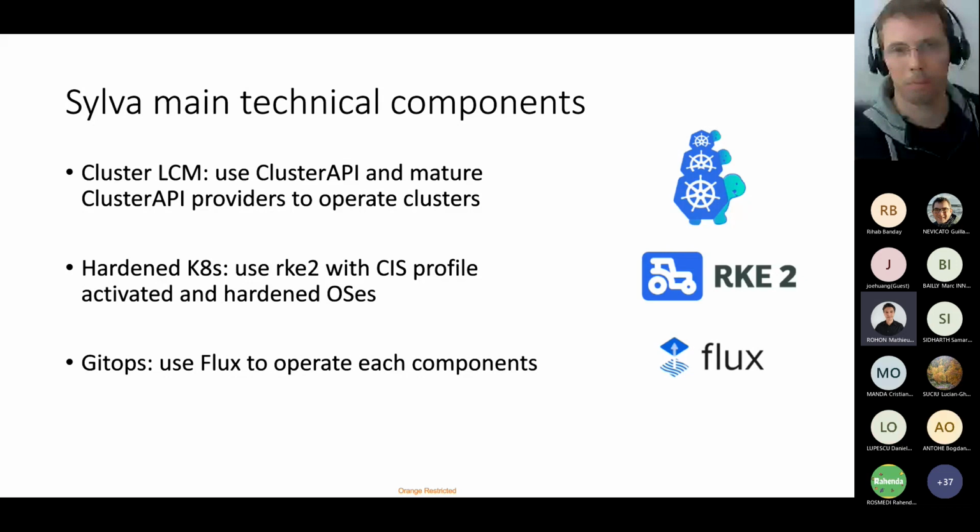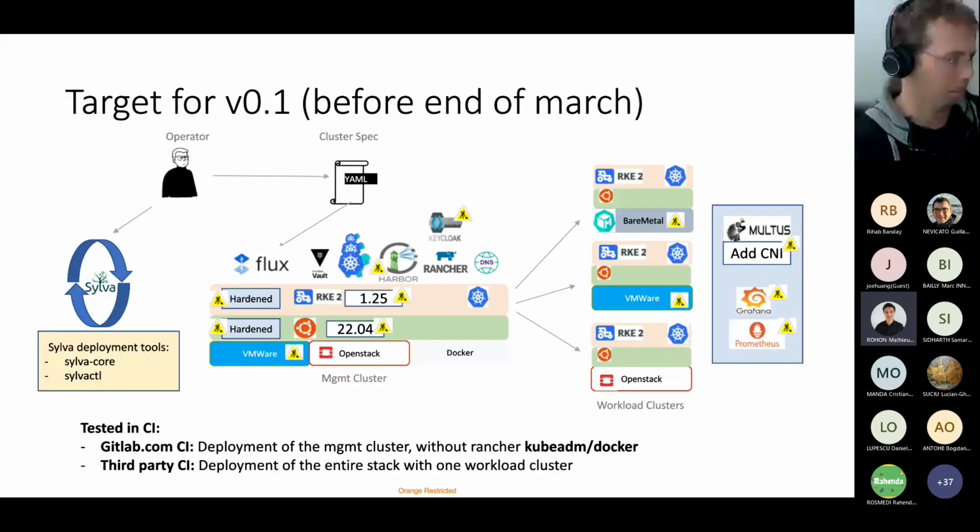And concerning the OS, we'll come into it in the next slide. So speaking specifically about the OS, we are going to rely on Ubuntu 22.04 hardened with a CIS script run on it to harden the OS part. But yes, this is really about what we are going to test in a specific CI.